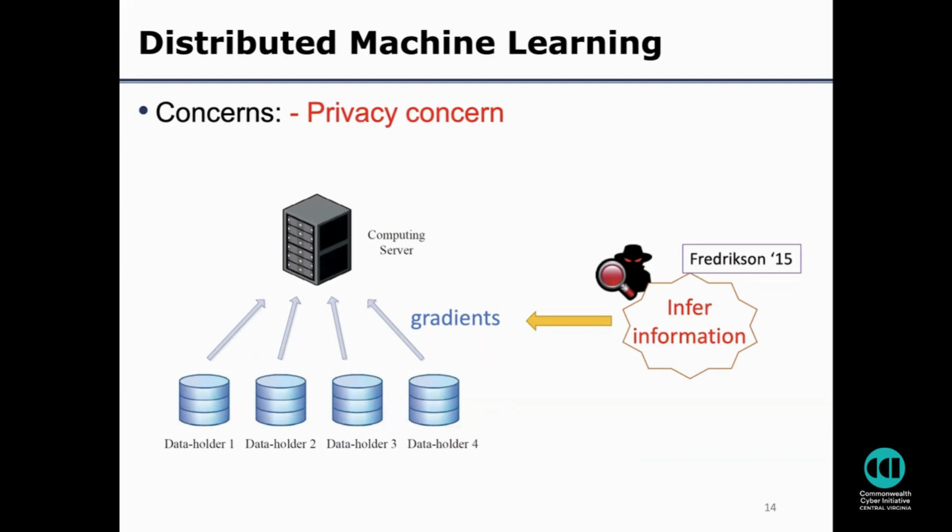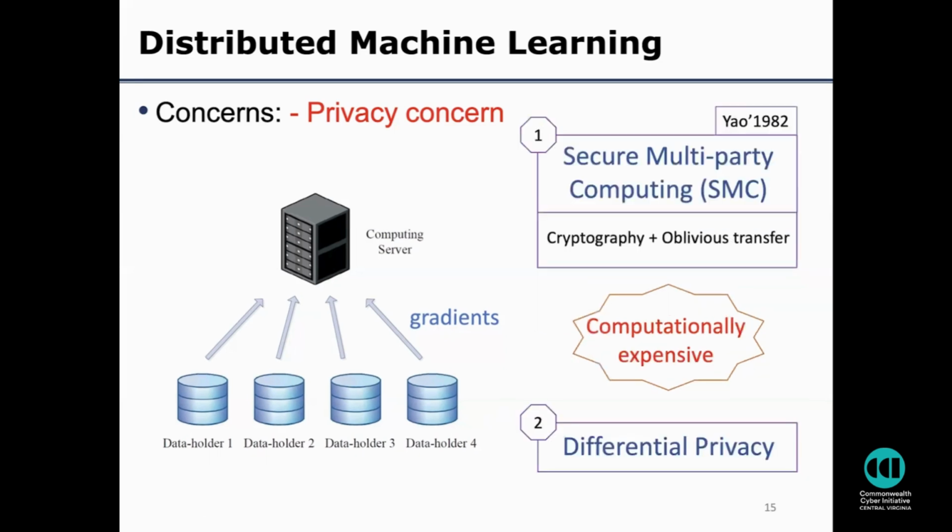Although the data holders are sending the gradients instead of the original data, the attacker can infer sensitive information from the gradients uploaded to the server. So this means we have potential privacy leakage when we upload the gradients to the central server.